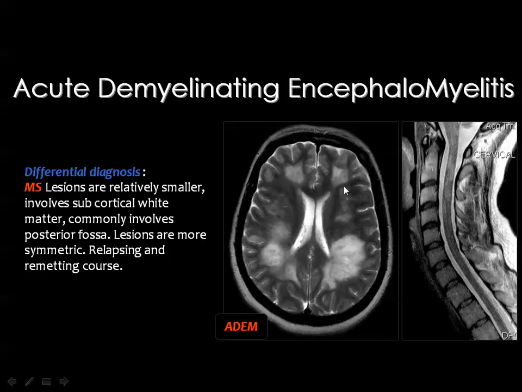This lesion, in many cases, simulates multiple sclerosis, being located in the white matter and showing most of the criteria of MS. But you know that MS is a multiphasic disease, while acute demyelinating encephalomyelitis, ADEM, is a well-known monophasic disease.